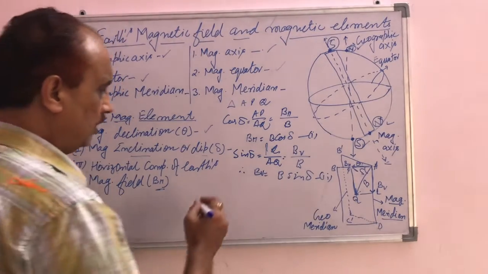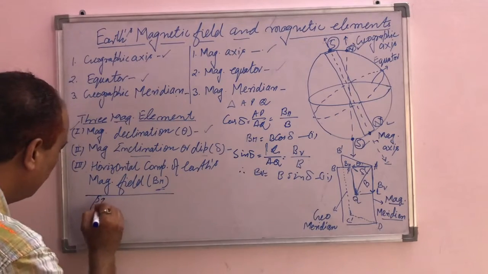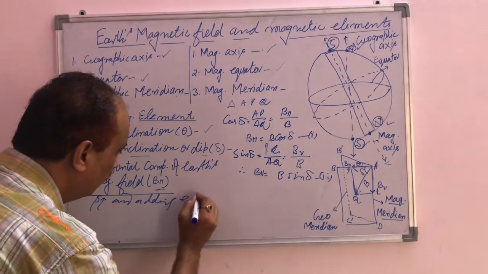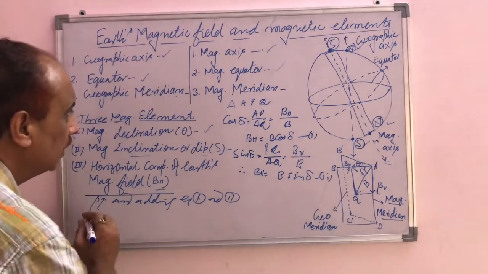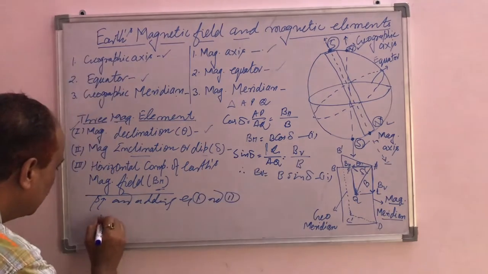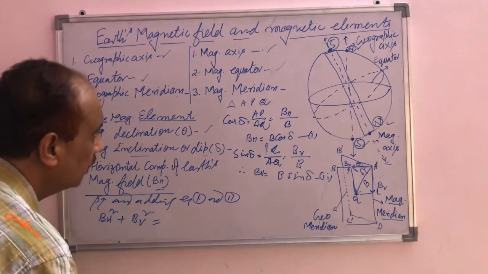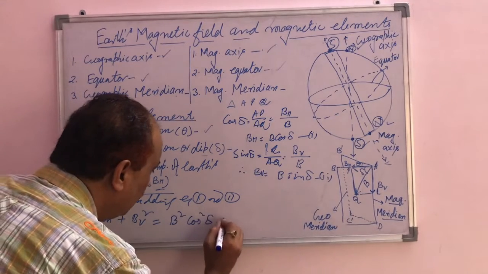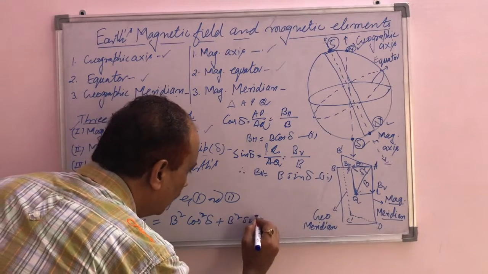If we square and add equations 1 and 2, we have BH square plus BV square equal to B square cos square delta plus B square sin square delta.